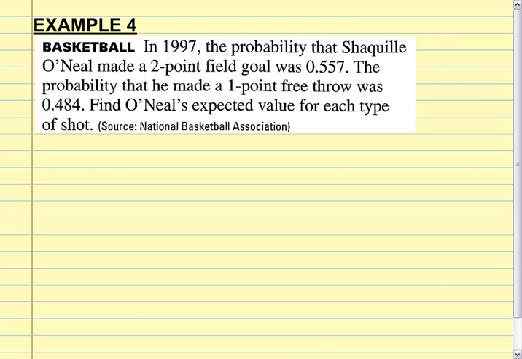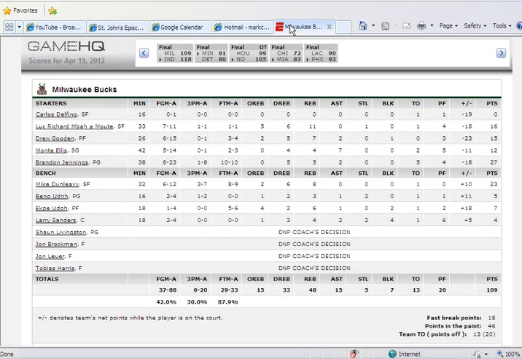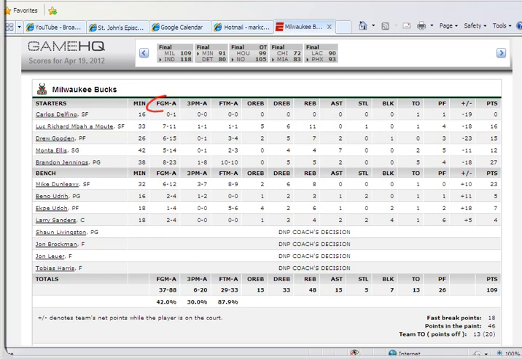Okay? I put this up earlier, and you can see here's the box score from last night's Milwaukee Bucks Indiana Pacers game. The Pacers won 118-109. But you can see here that this says FGM-A, field goals made and attempted.